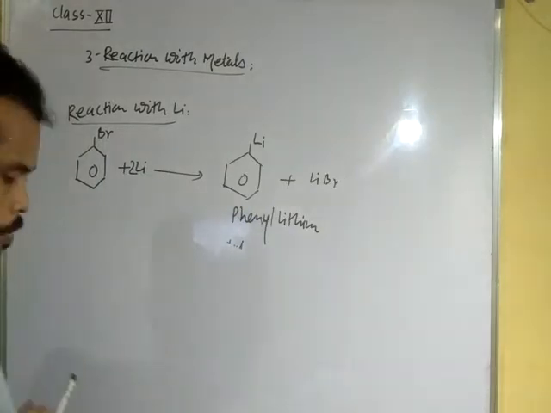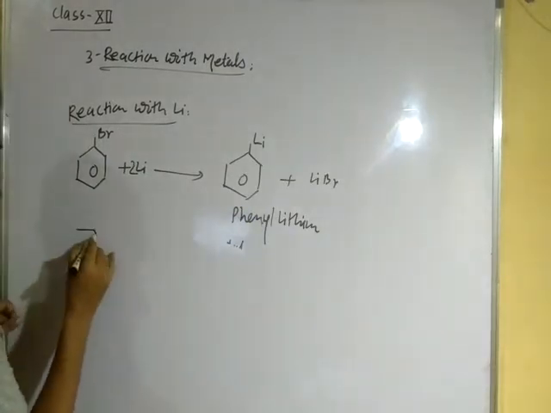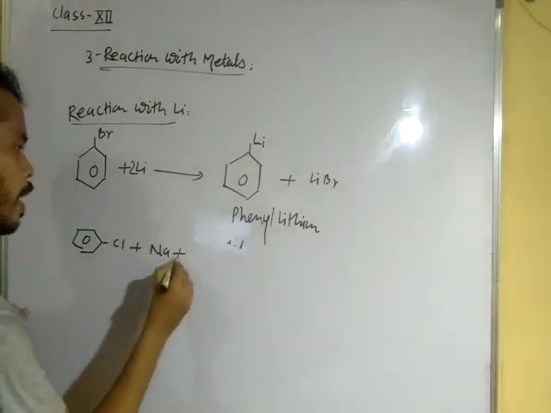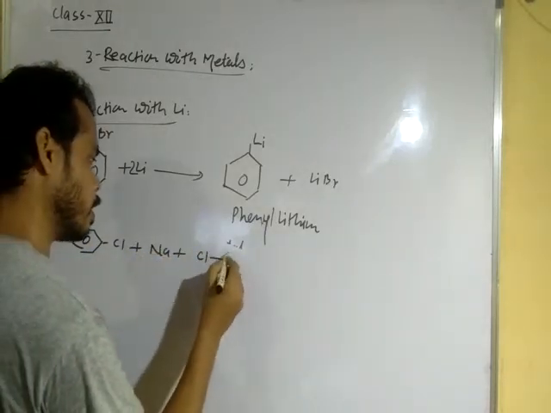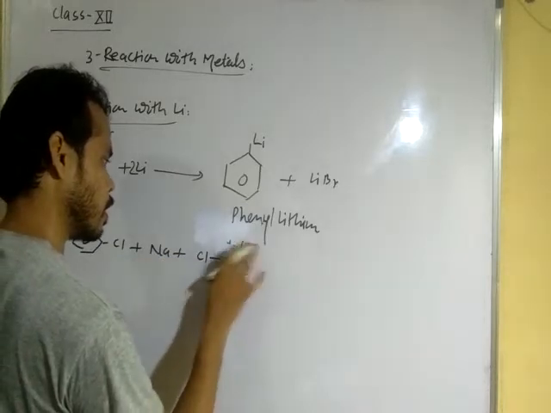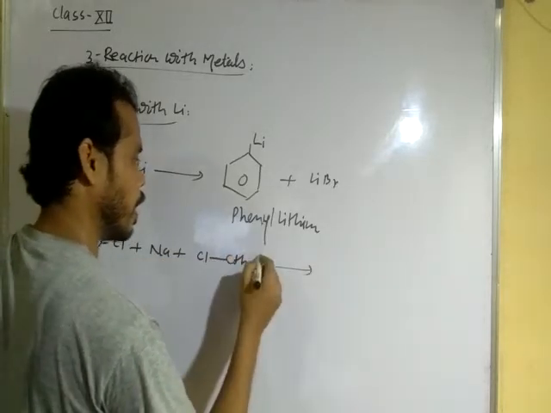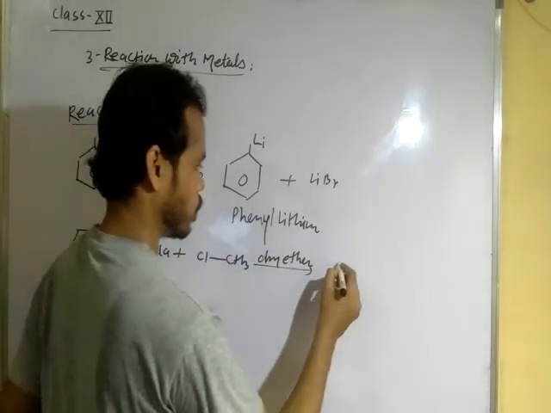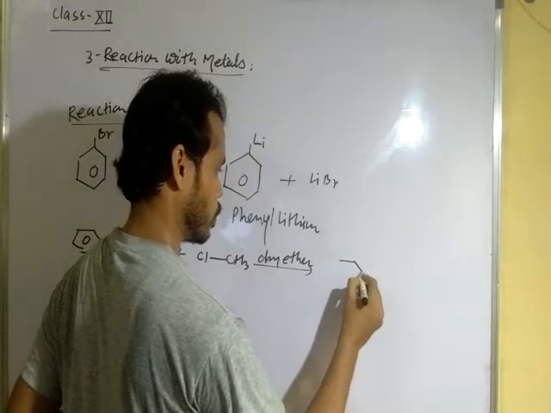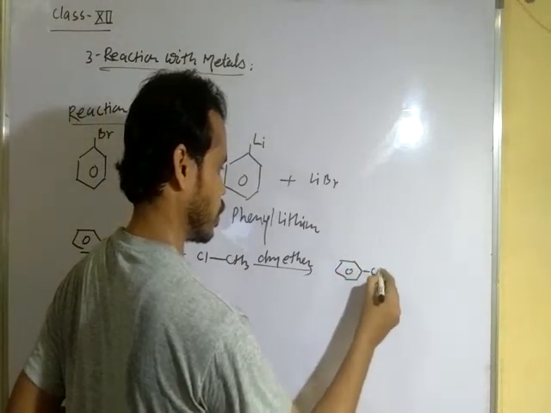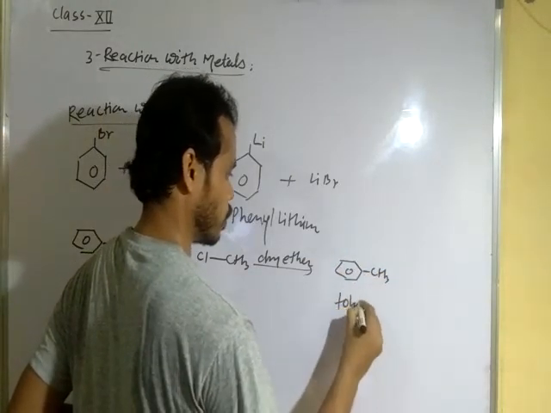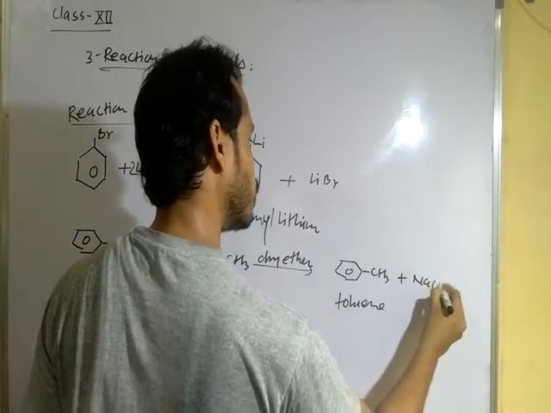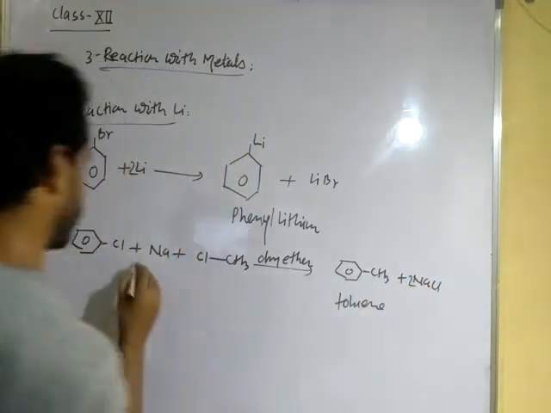Let us see, when haloarenes are treated with sodium and on this side alkyl halide in the presence of dry ether, it forms toluene, with the elimination of two molecules of NaCl.